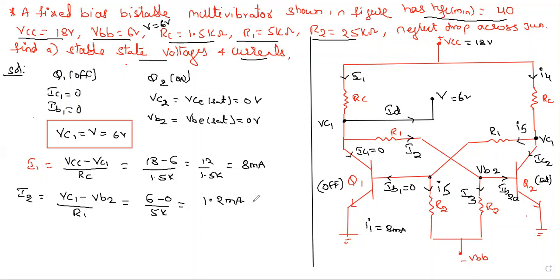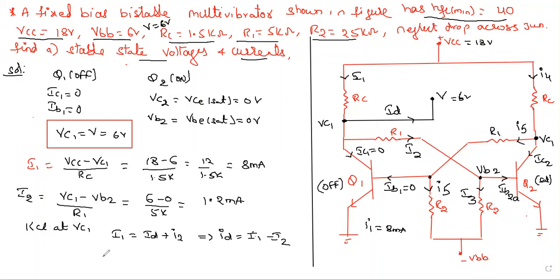Okay, once I know the value of I2, here I can apply KCL at VC1. What happens? See, I1 is entering, ID is leaving, I2 is leaving. So from this, what I can write is I1 is equal to ID plus I2. From this, ID is given by I1 minus I2.